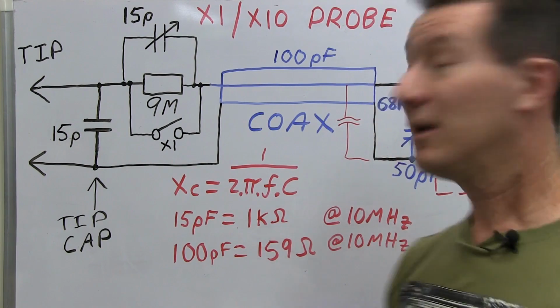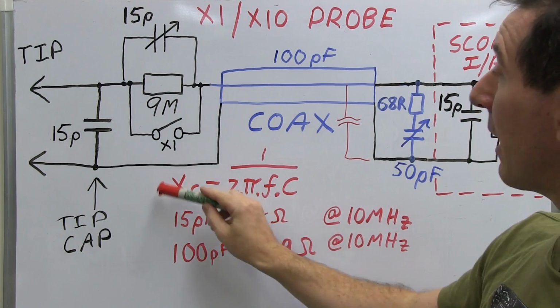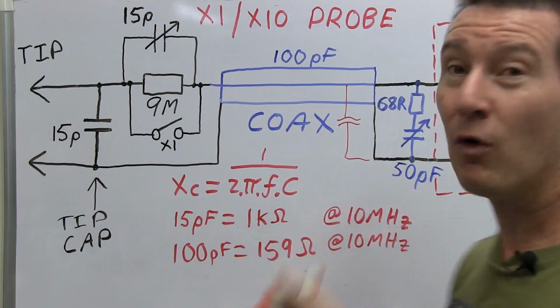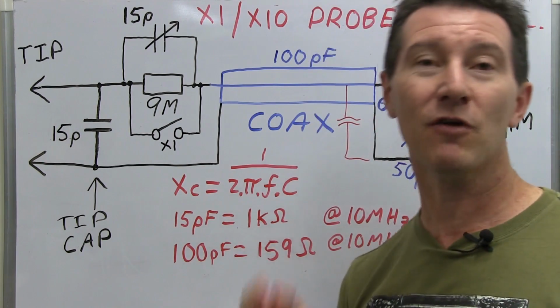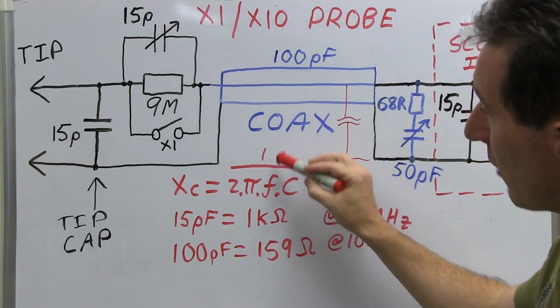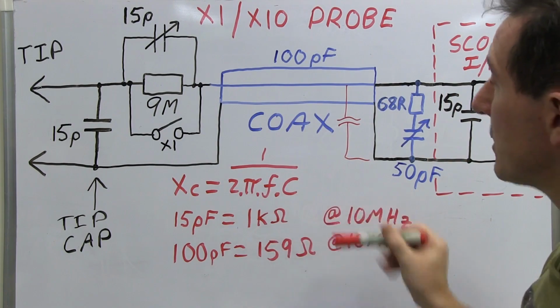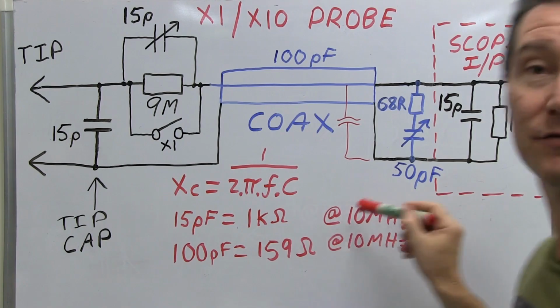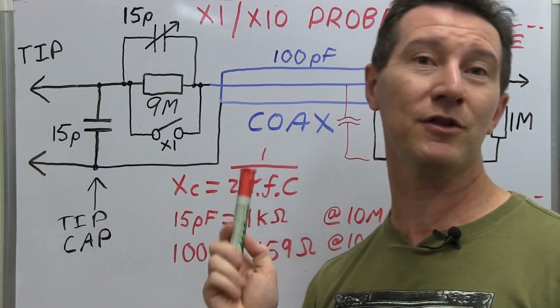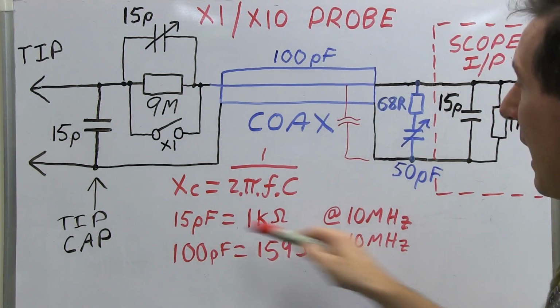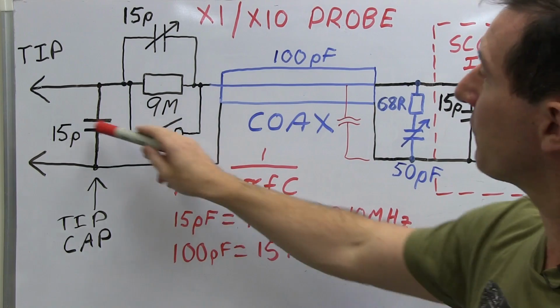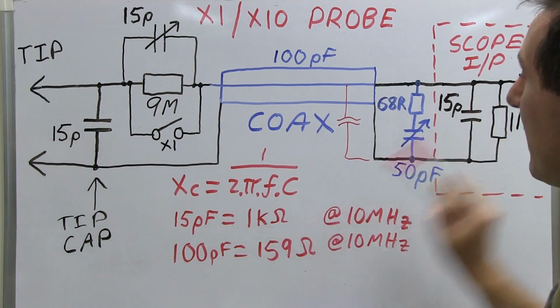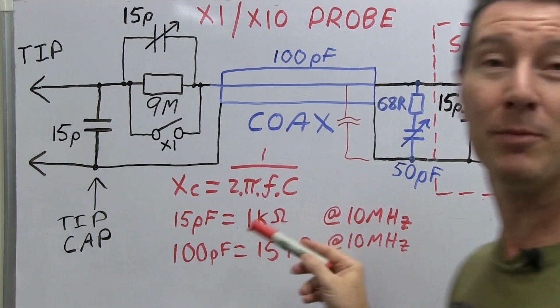at frequency. Now you should know your formula for capacitive reactance, or the effective AC resistance of the capacitance at a frequency. It's 1 over 2 pi FC. So let's take an example of 10 megahertz, which is roughly the bandwidth of the ×1 probe we measured, and let's plug in these values of 15 picofarads, which we got here and here, and that works out to about 1K.